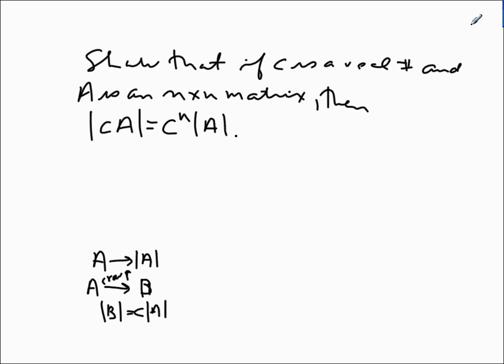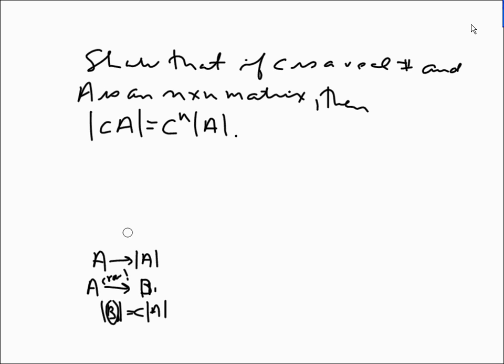And then let's suppose you multiplied row 1 by C, and that gives you matrix B1. Then you take B1 and multiply the second row by C, and call that matrix B2.